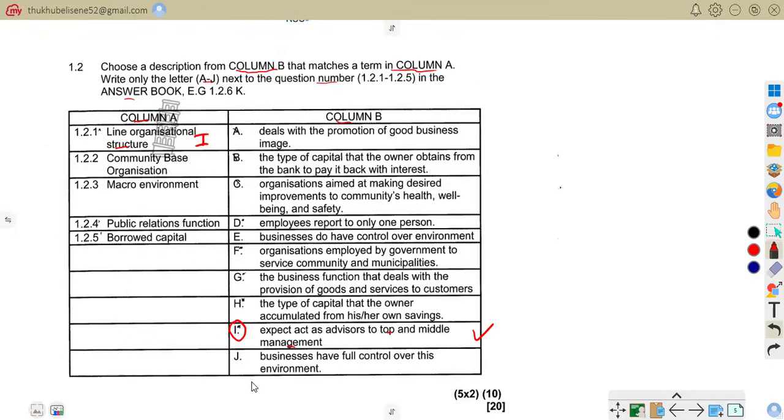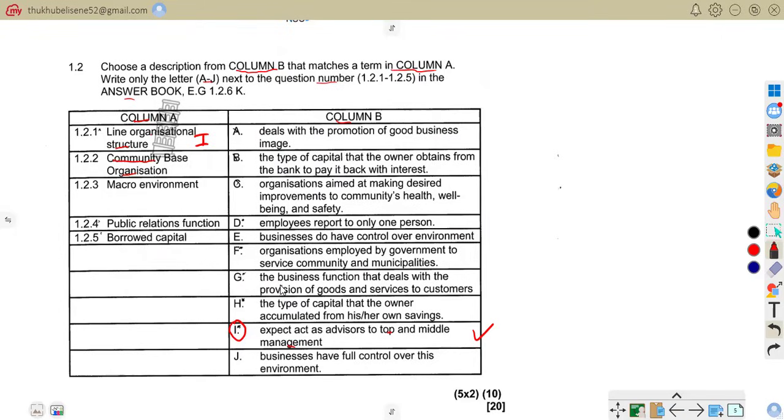Now come to community-based organization. That's when you're talking about a group seeking local needs, for example, neighborhood associations. So we go through these descriptions and see which one is going to match community-based organization after we've given the definition.